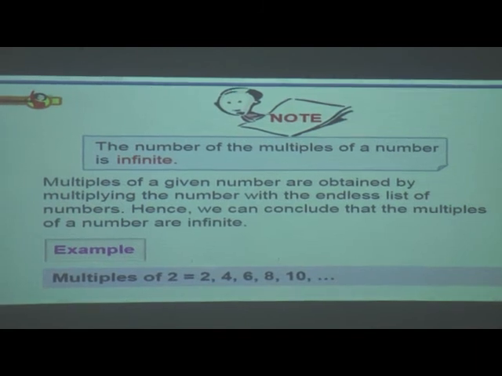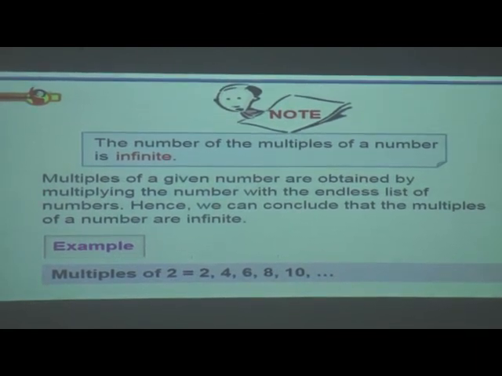The number of multiples of a number is infinite. Multiples of a given number are obtained by multiplying the number with an endless list of numbers. Hence, we can conclude that the multiples of a number are infinite. What is meant by infinite? It means endless.